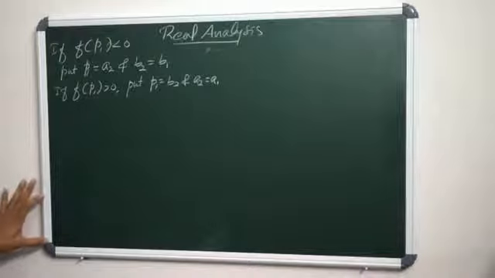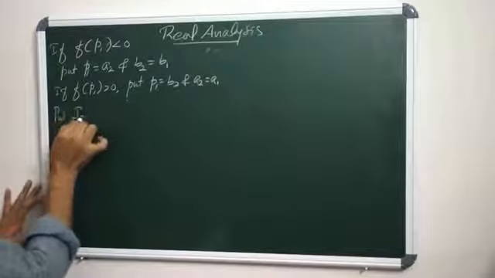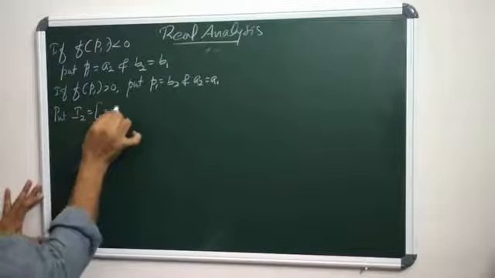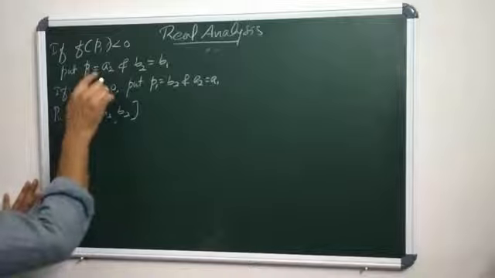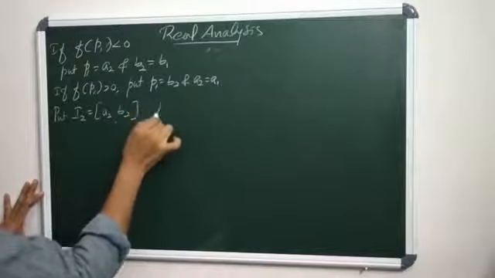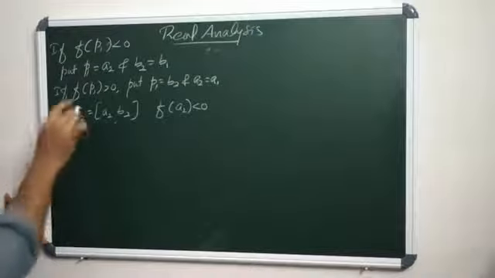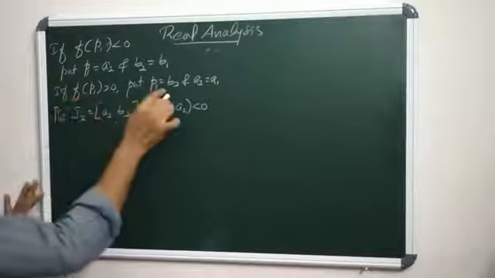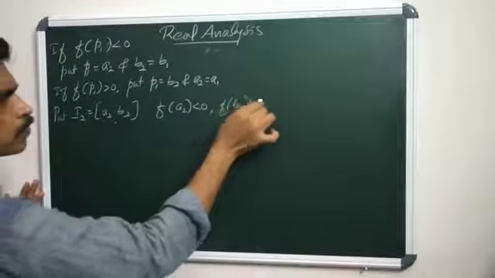In either case, put I2 equals the closed interval [a2, b2]. If f(p1) is negative, then a2 equals p1, so f(a2) is negative. If f(p1) is positive, put b2 equals p1, then f(b2) is positive.